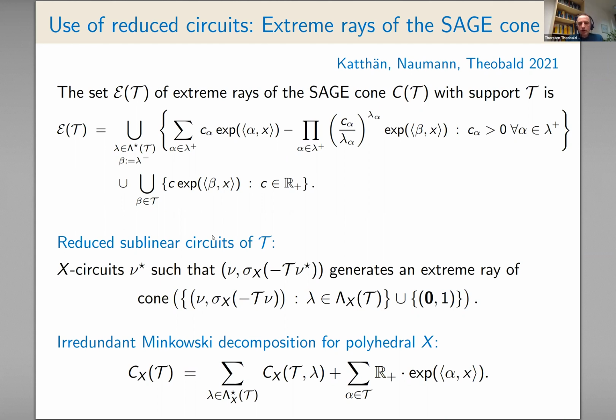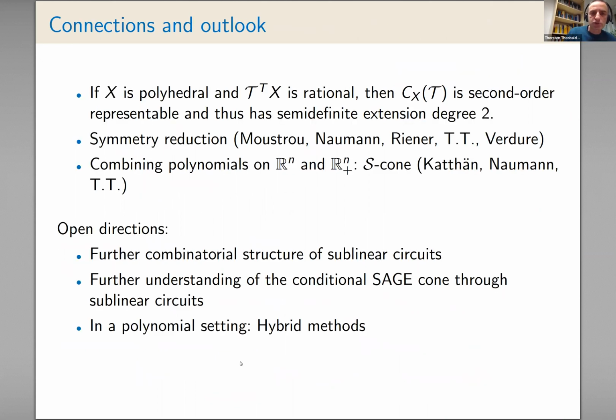And we can also carry over and generalize this concept of reduced circuits to the case of this constrained version. I will not go into detail here, but it also allows us then to describe the conditional sage cone in terms of an irredundant Minkowski decomposition.